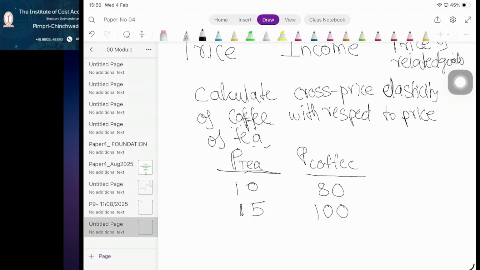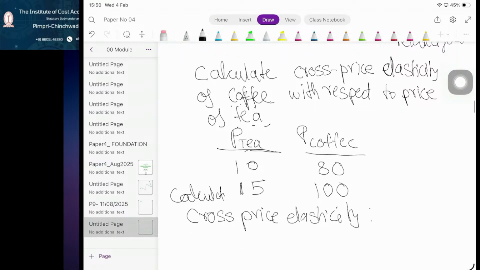Calculate the cross price elasticity. Now again you have to apply the formula, just change the denominator. So this will be P1, this is P2, this is Q1, and this is Q2.